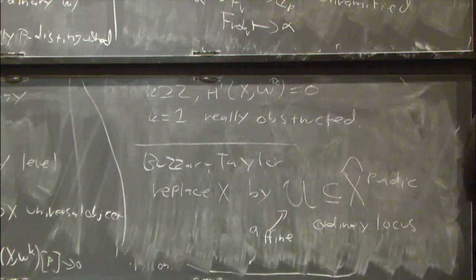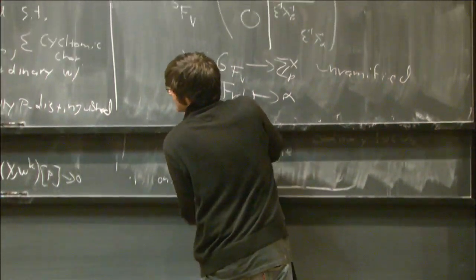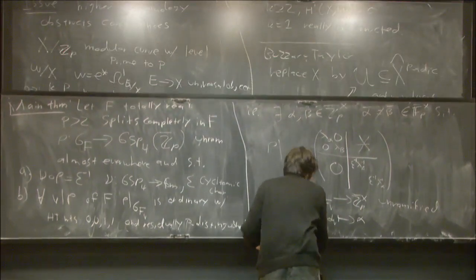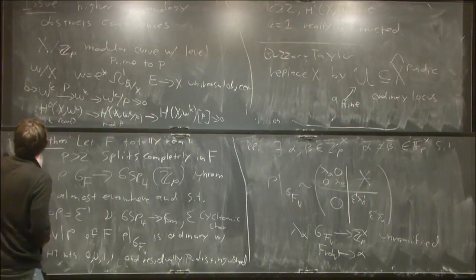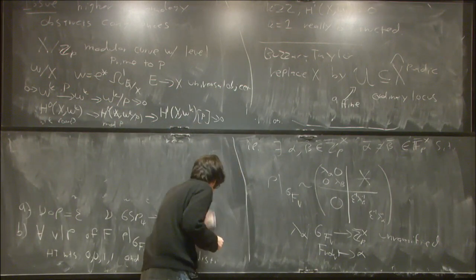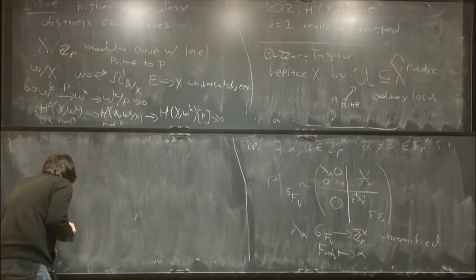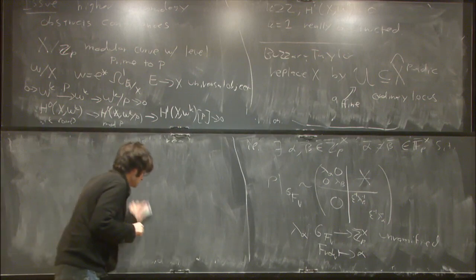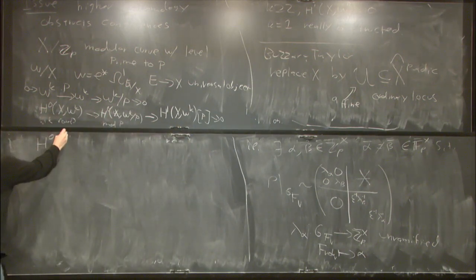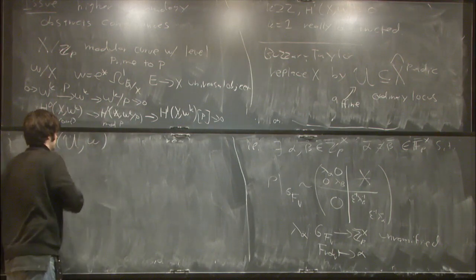And what you can do is consider, and I apologize to people who know this story extremely well, but it's really important to understand it. You consider the space of p-adic modular forms, say in weight k or even just in weight 1.